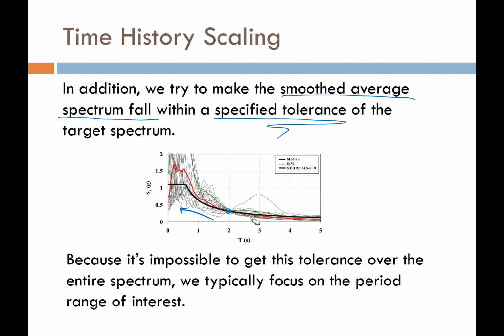A typical window that is used by a lot of engineers is this range of 0.2 times the natural period up to 1.5 times the natural period. And the idea with this window is we're trying to account for the possibility that we can't really accurately predict what the true natural period of our structure is going to be before we actually build it.